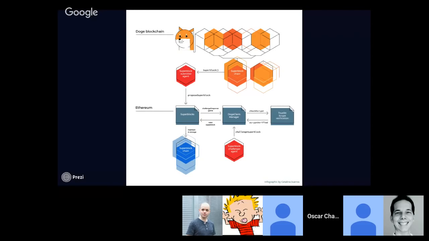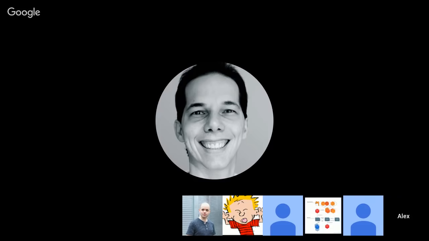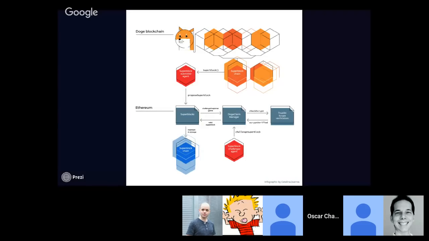Yes. So about the 1 hour superblock. Does it mean that 1 hour is an arbitrary number, right? I have two questions. Does it mean that when I need the superblock, I need to wait for 1 hour until someone publishes my block?